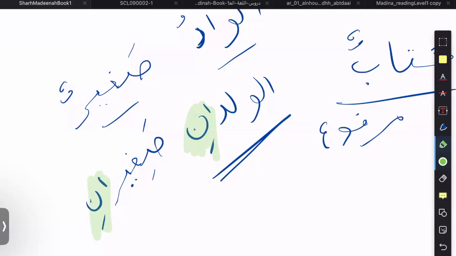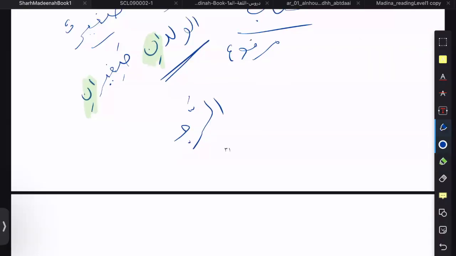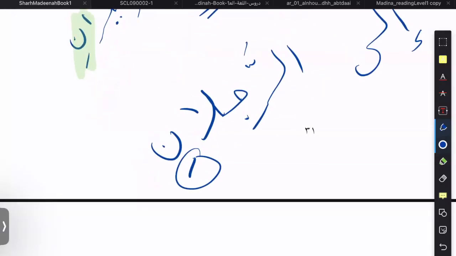So now the question comes, how do we say majrur? If I want to say rajulani, now I want to say go to these two men. I want to say ila. It's already in kasra. So we'll be like, okay, alhamdulillah, I don't have to do anything because I need a kasra state. So my word already has a kasra. That's why we cannot say kasra state. We have to say majrur. So how do we make this word into majrur?